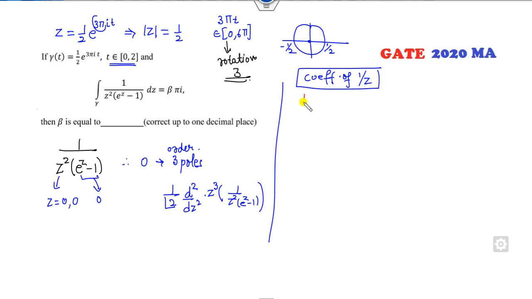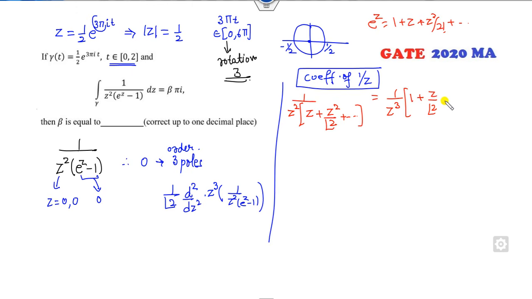Look at that. I can expand this exponential series. What is the exponential series? 1 plus z plus z square by 2 factorial and so on. So 1 will be cancelled out. Z plus z square over 2 factorial and so on. I can take z as a common. It's z cube. So the rest part is z over 2 factorial, next part is z square over 3 factorial and so on, raised to power minus 1.